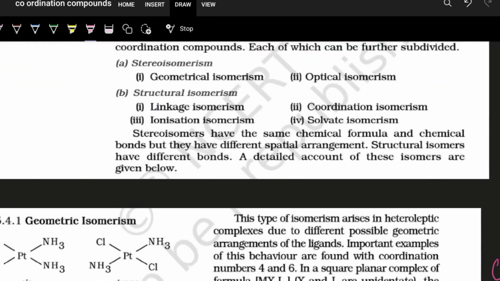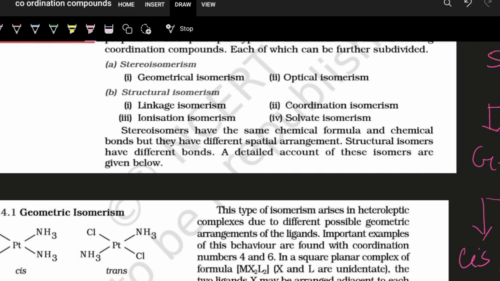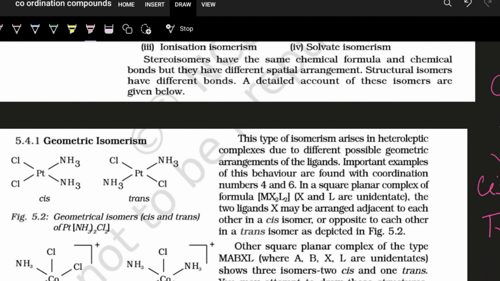When you see stereoisomerism, the first thing that comes for discussion is geometric isomerism. What is geometric isomerism? This type of isomerism arises in heteroleptic complexes, that means those coordination compounds where more than one kind of ligand is attached to the central metal atom or ion.